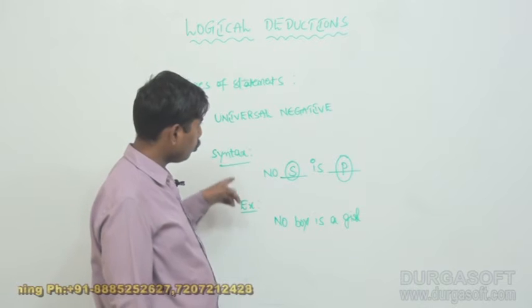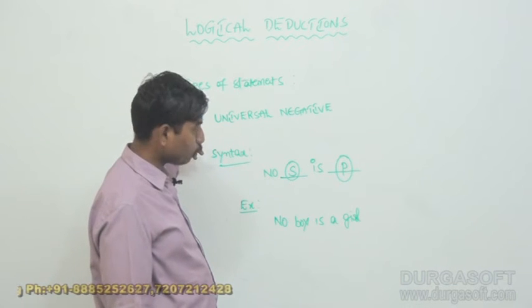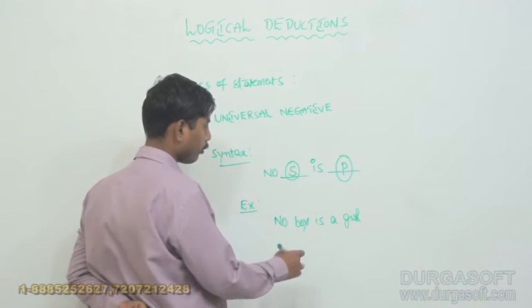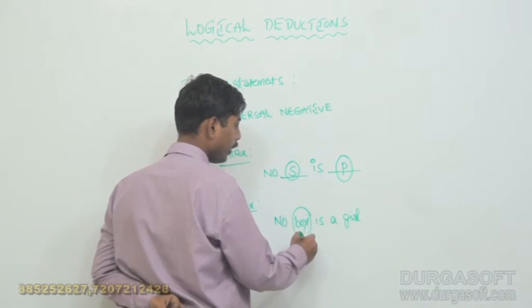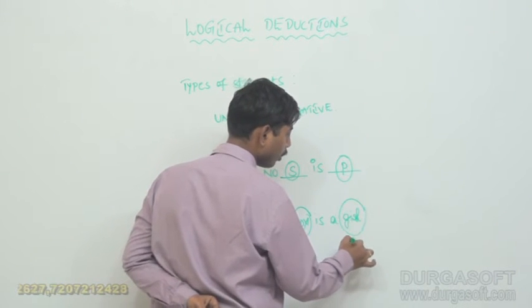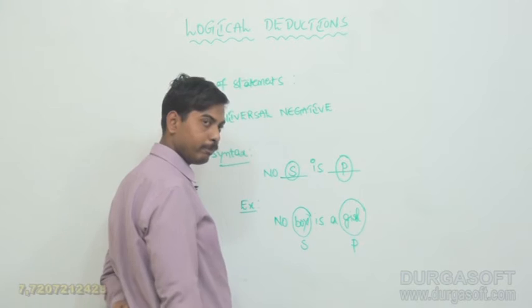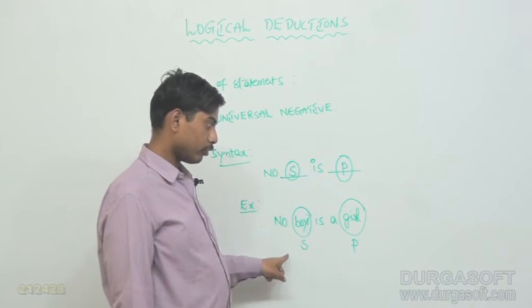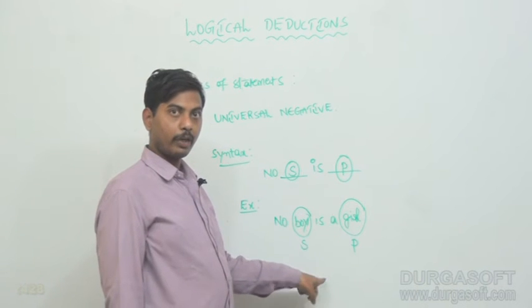This statement we call universal negative here. In this statement, what is the subject? Yes, very good. Boy is the subject. And what is the predicate here? A girl is the predicate. No boy is a girl means boy is the subject, a girl is the predicate.